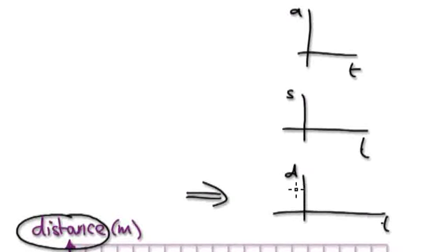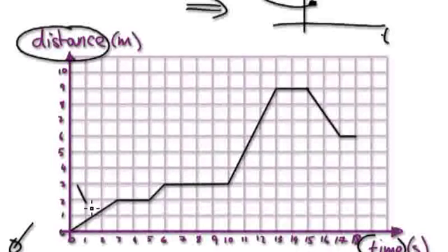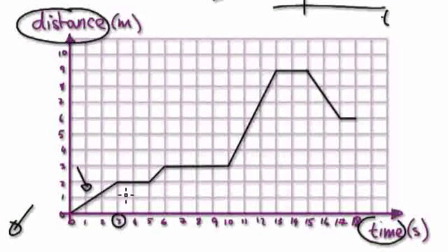The gradient of this graph represents the speed. So the gradient of this here represents the speed of the car between time equals 0 and time equals 3. The gradient here is 2 divided by 3.